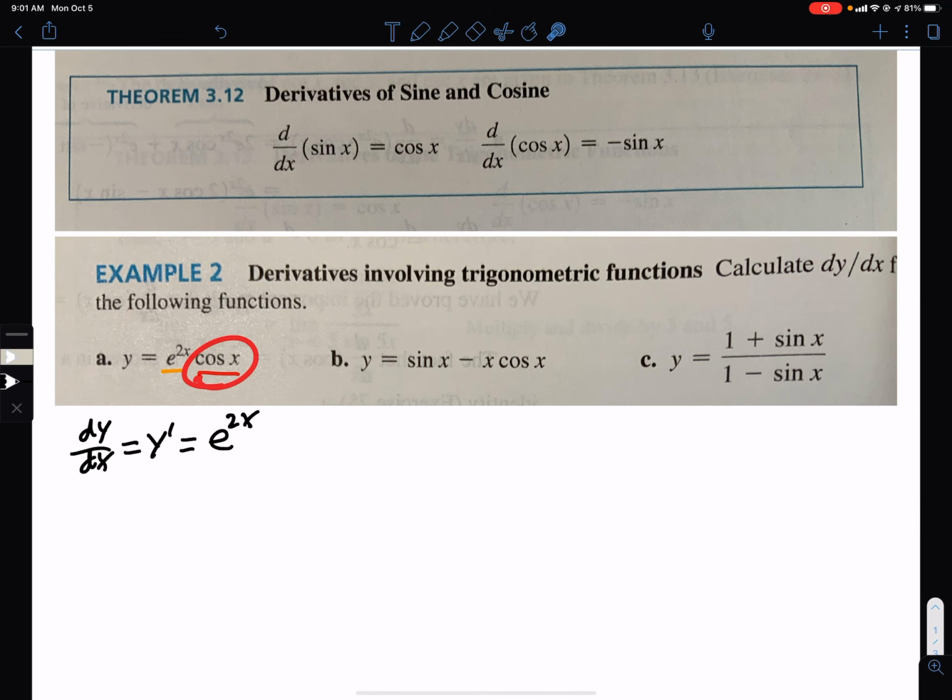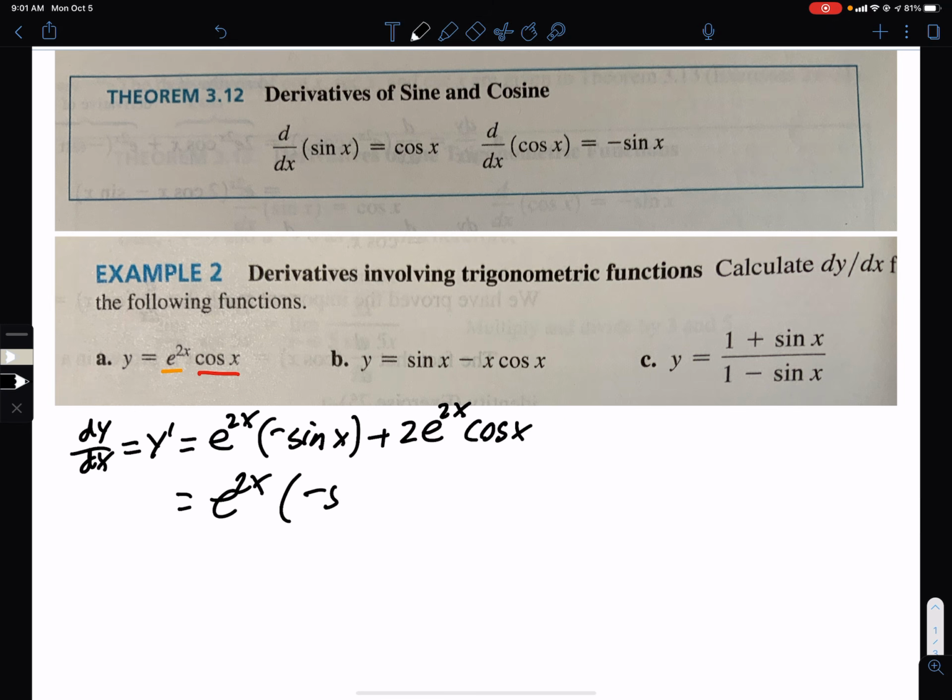the derivative of cosine is minus sine, so I'm going to do that. Plus, and then you take the derivative of the first, I'm going to tell you, it's 2e to the 2x, and you'll learn in the future why. And then you leave the second alone, and they both have an e to the 2x, you'll see. So we're going to factor that part out, e to the 2x.